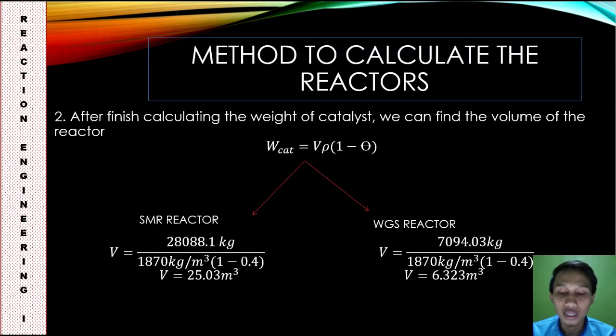After we rearrange the formula, we get volume equal to weight of the catalyst over density multiplied by 1 minus theta. So the final volume for SMR is 25.03 meter cube, and the final volume for WGS is 6.323 meter cube. So I think that's all.